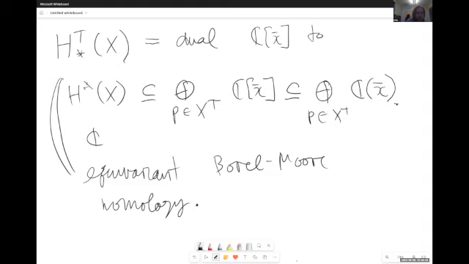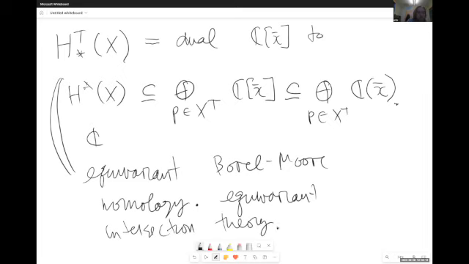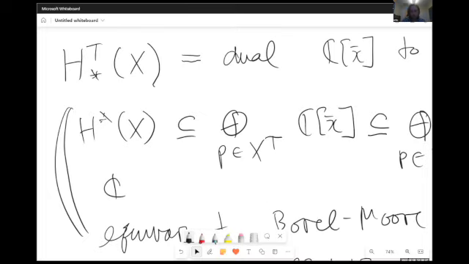So the equivariant Borel-Moore homology is the homology group that comes up in equivariant intersection theory. Okay, so I might return to this statement later, but right now, let me just show you an example of computing one of these cohomology rings.